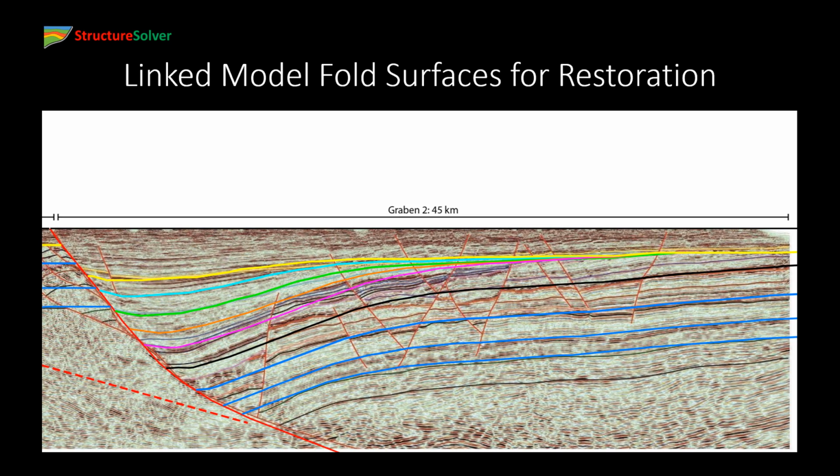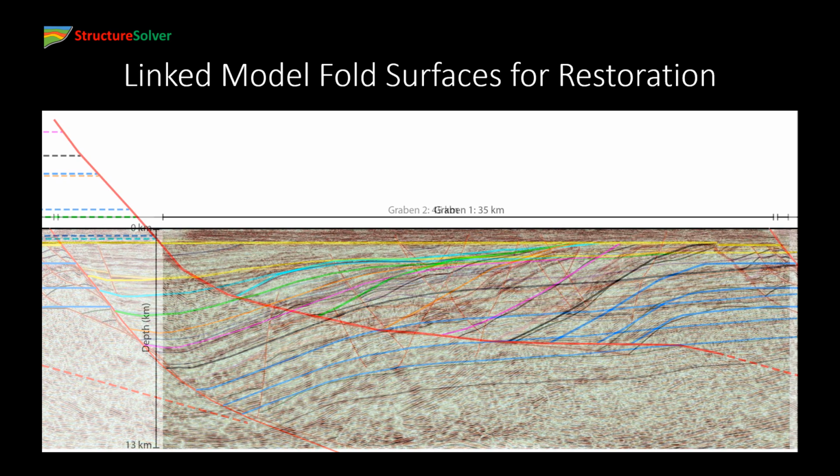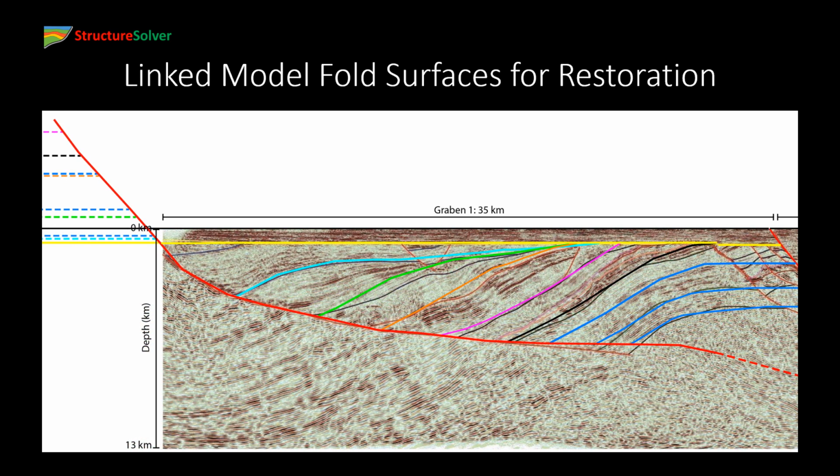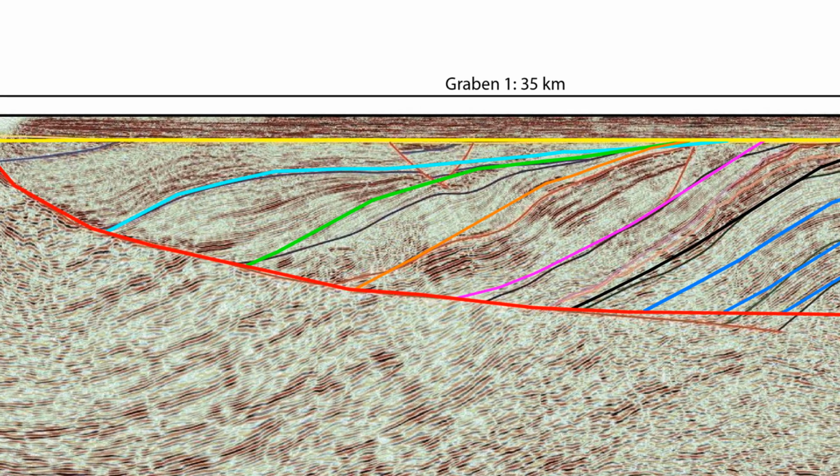So to recap, the structural forward models give us a stratigraphic framework that represents the expected geometry for fault bend folding. In the next few slides, we will use each of these model surfaces as the targets for structural restorations of the seismic sections. Again, our goal here is to unfold the seismic stratigraphy using the model predicted fold surfaces in order to observe any seismic stratigraphic features that were not matched by the fault bend fold model.